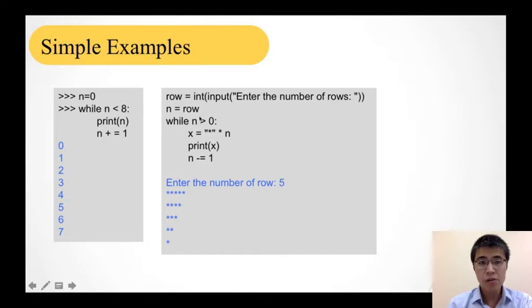We can also use the while loop to control what we do. We get this number row from the user, and we assign this row to the value n, and if this number n is larger than 0, what we do, we show the stars.